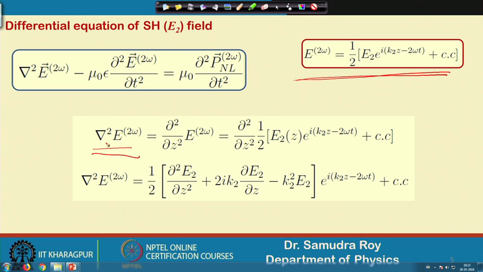This is in one dimension, if I consider one dimension, so this operator will be simply this. We are considering that the wave is propagating along the z direction. In order to reduce all the complexity, we always choose the electric field to depend on one coordinate.